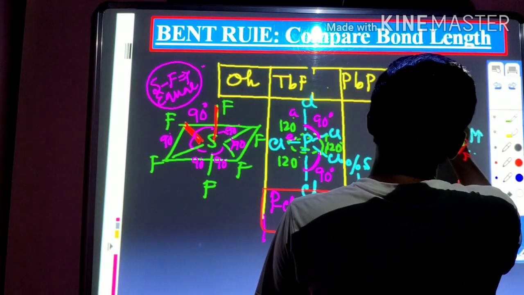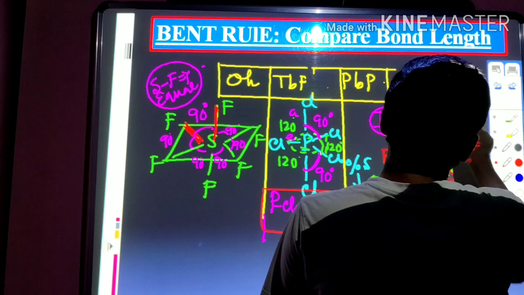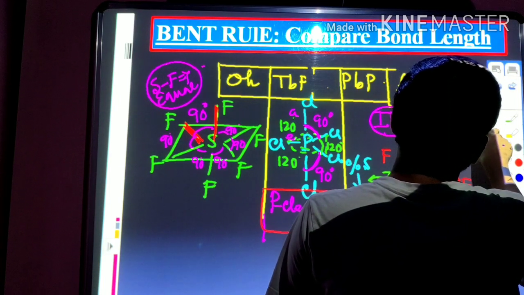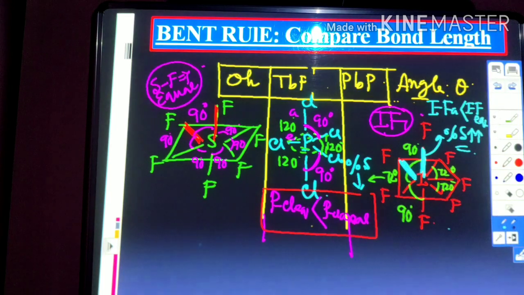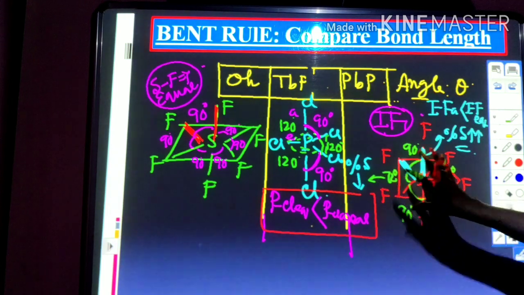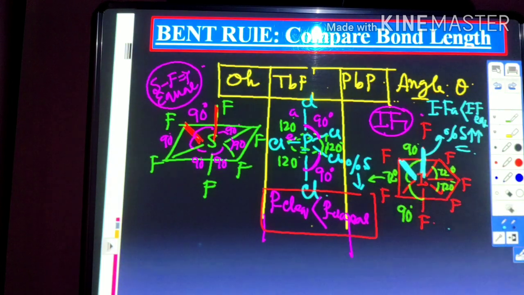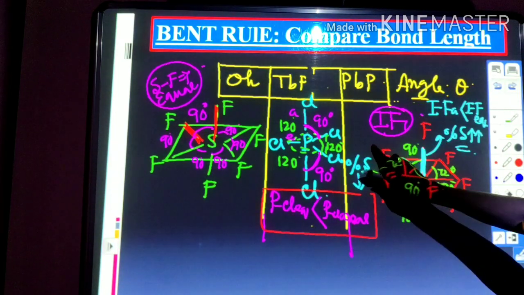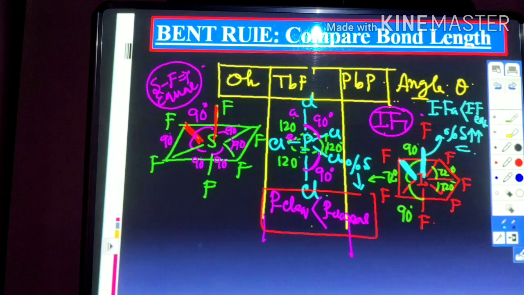So in this case, IF axial is shorter than IF equatorial. Here the equatorial bond will be longer because the angle is less. Right? Just try to remember this one. Okay? Is that clear to you? Hope it's clear to you.